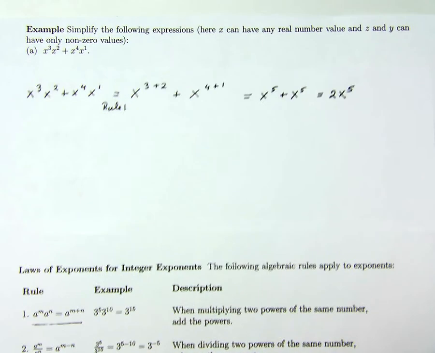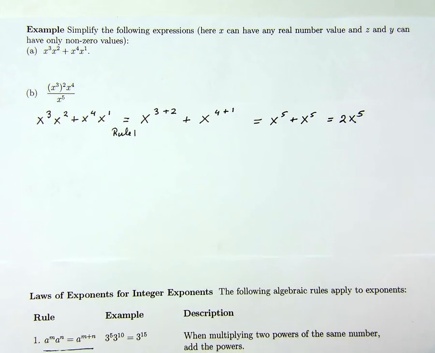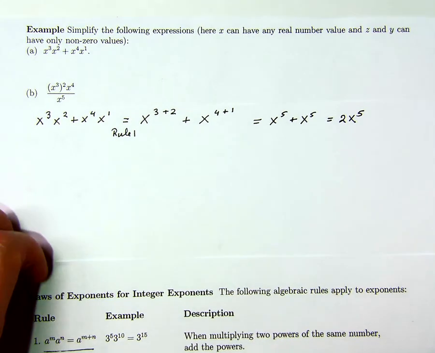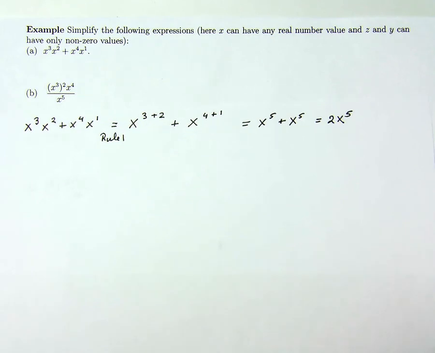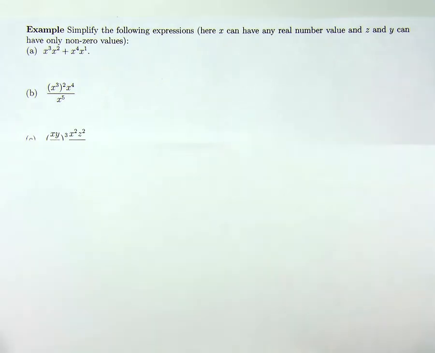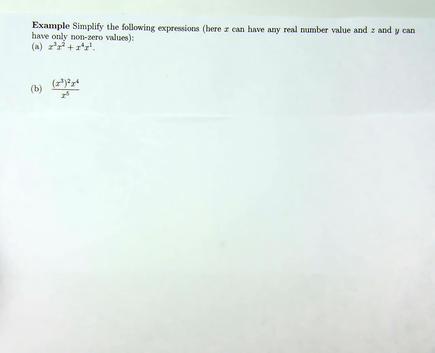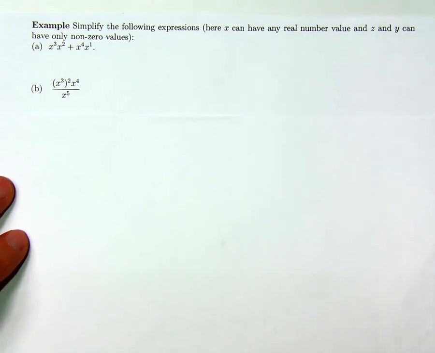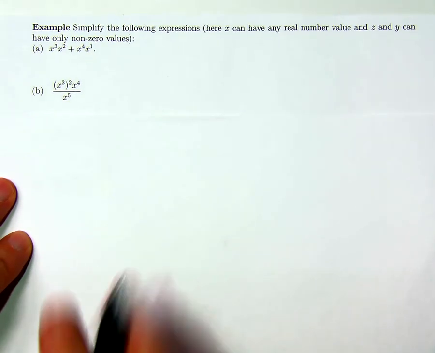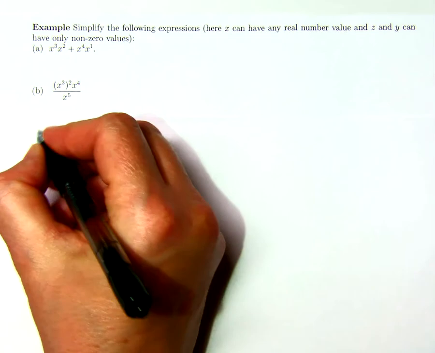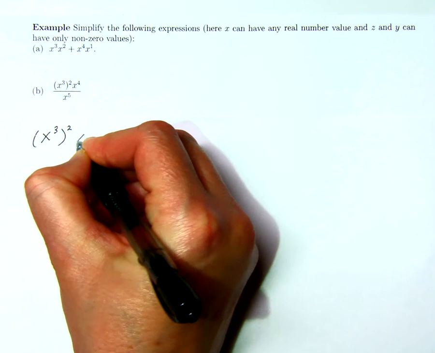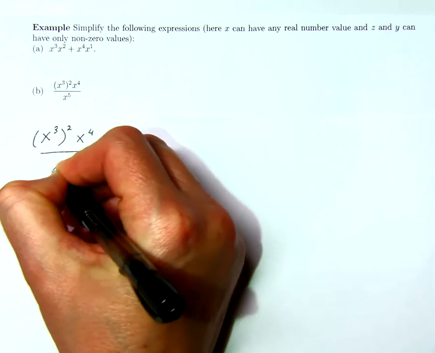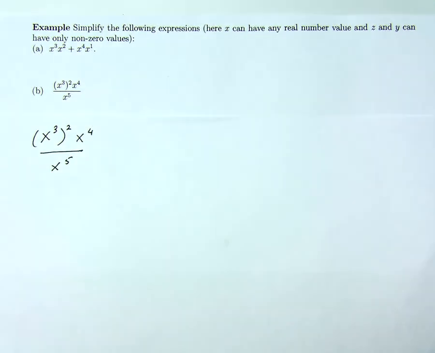Okay, that one was pretty easy to get started. The next one is x to the 3 squared times x to the 4 over x to the 5. And we're going to start with that x to the 3 squared, and we have to figure out what the rule says there.